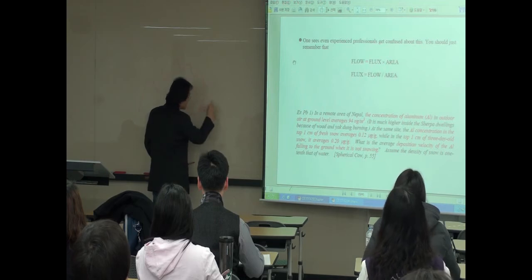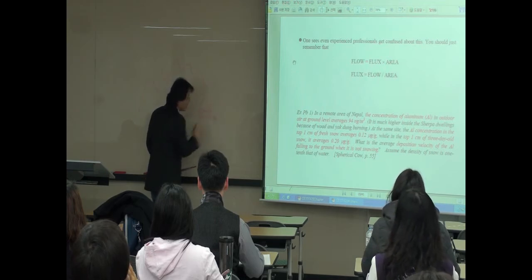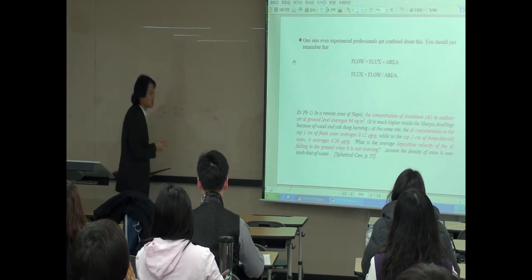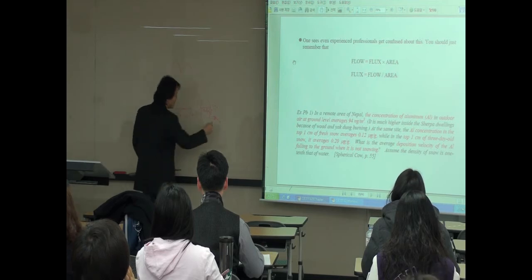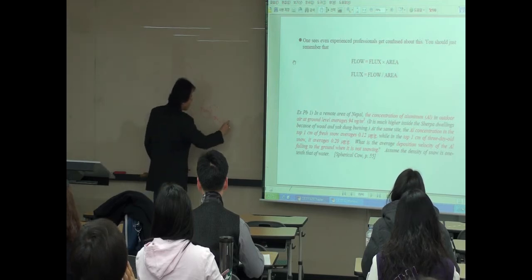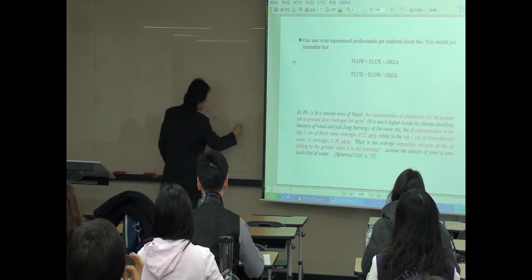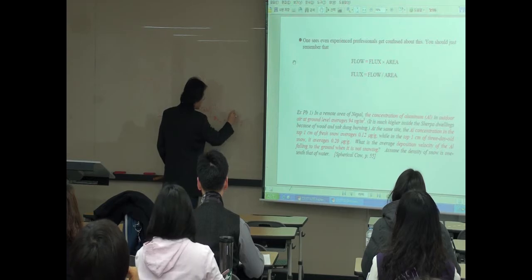There is snow here, and the aluminum concentration in the top 1 centimeter of fresh snow is 0.12 microgram per liter. Let's say this is aluminum snow.